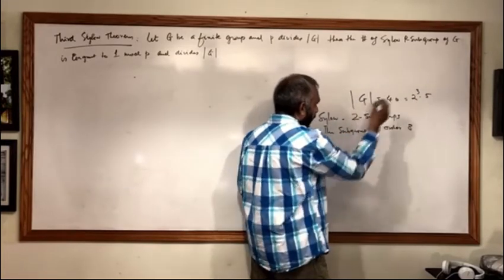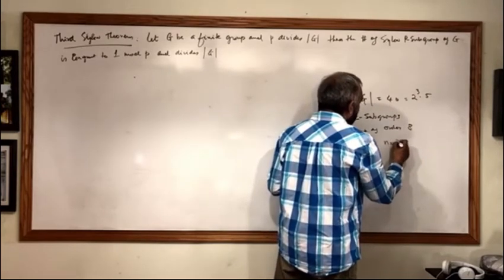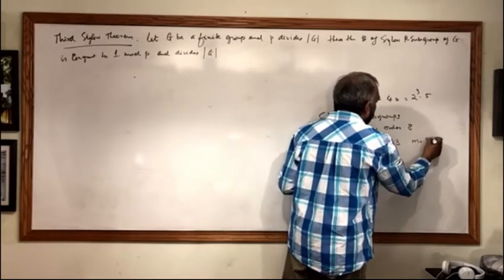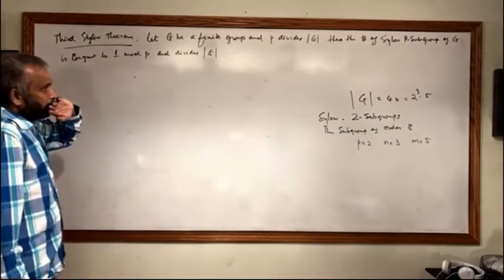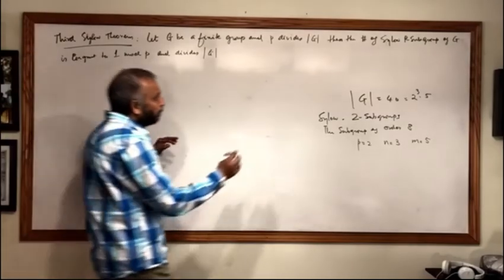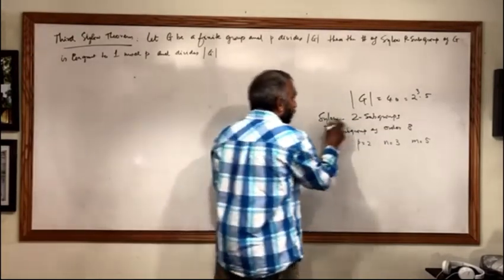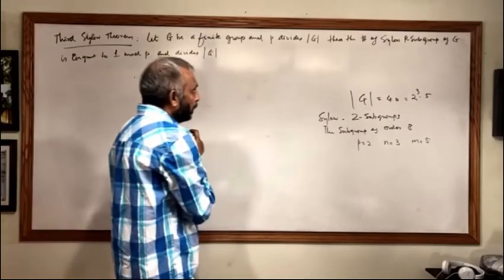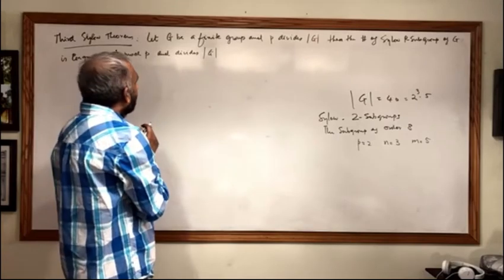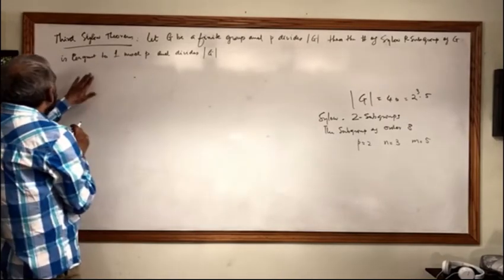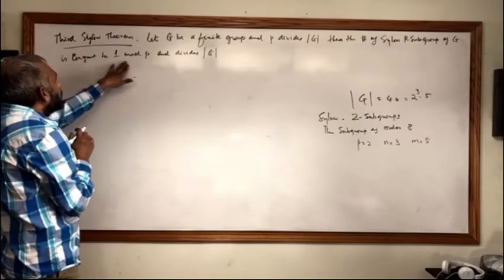So here P is equal to 2, n is equal to 3, m is equal to 5. This theorem states that the number of Sylow 2 subgroups is congruent to 1 mod P.